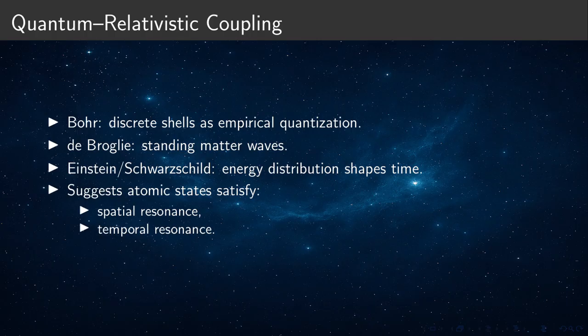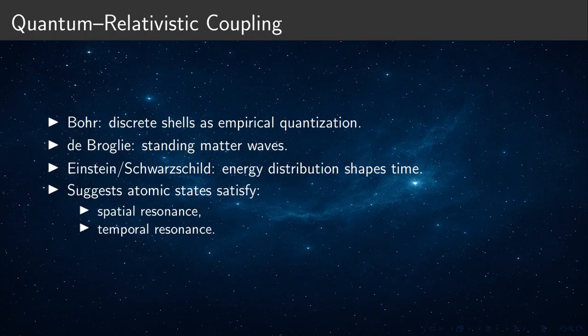Einstein and Schwarzschild demonstrated that energy and mass distribution influence the structure of time itself. Taken together, these results suggest that the electron's quantized states may reflect not only spatial resonance conditions, but also temporal resonance conditions. In this view, allowed atomic states correspond to configurations in which wave closure and relativistic temporal consistency are simultaneously satisfied.